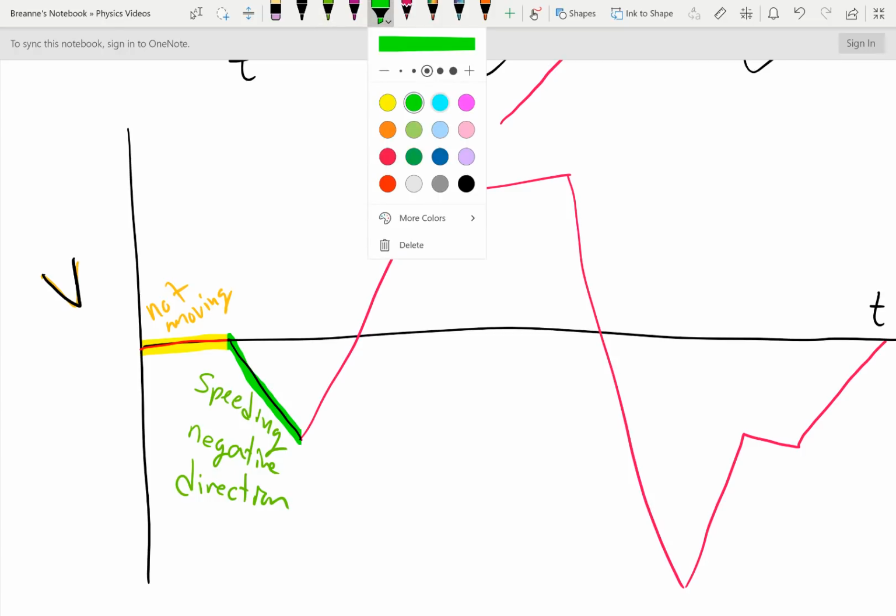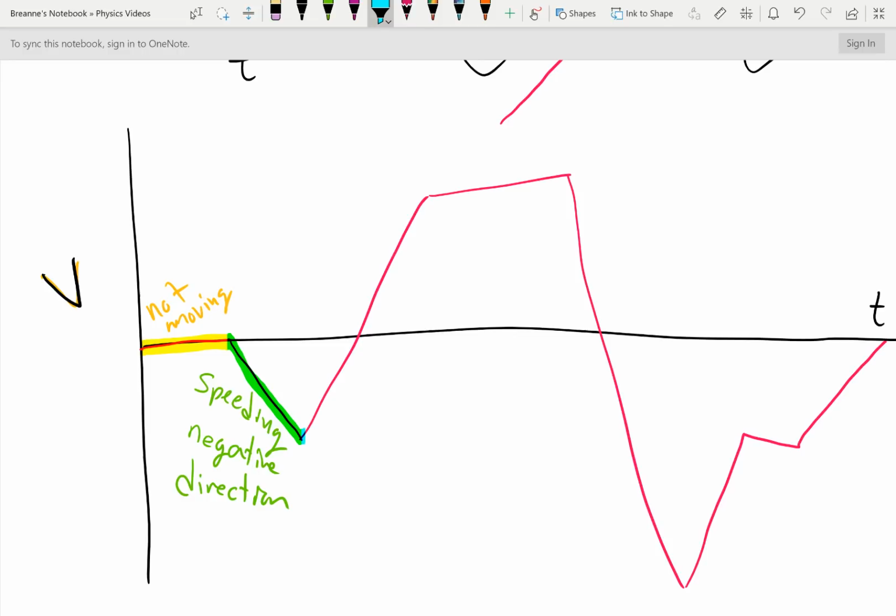Here, right here, you're slowing down in a negative direction. So you're still going in the same direction.